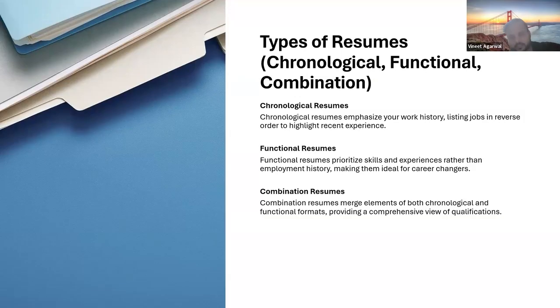Your latest one will be at the top, and below it the previous company, and so on. So you are listing your jobs in reverse order, with the most recent experience at the top and the others after it. That kind of resume we term a chronological resume.